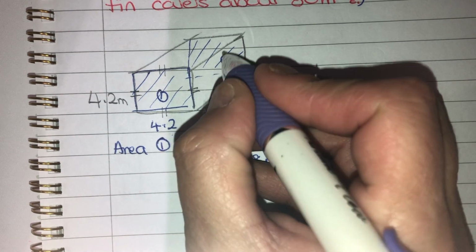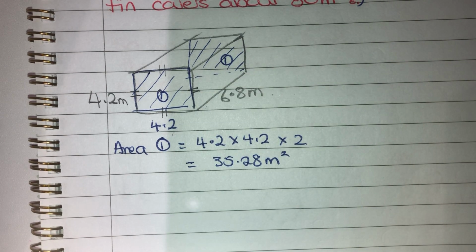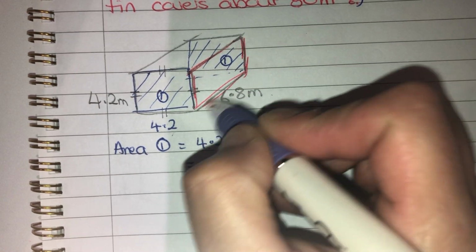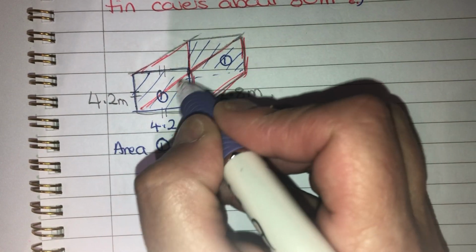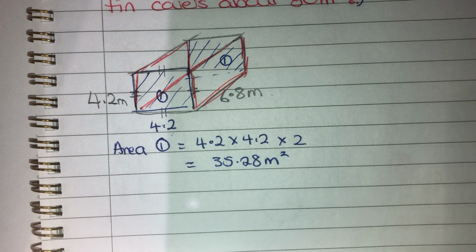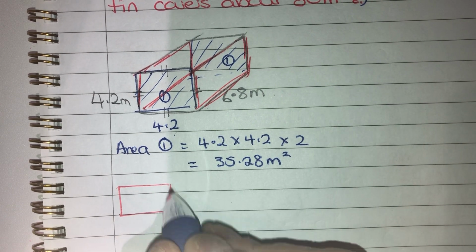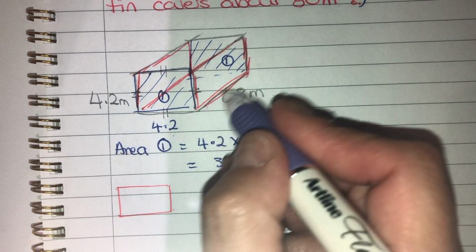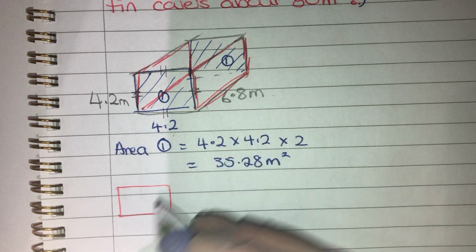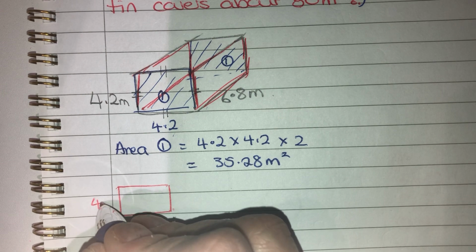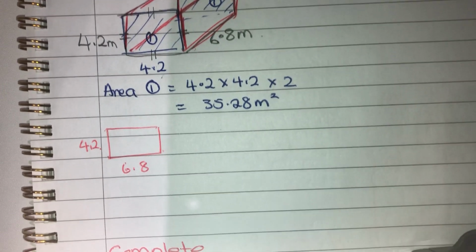Alright, I'm going to put this side now. I'll do it a different colour. We're going to do this side length of the toy box because we want to paint that as well. And there's going to be another one of those over here. Oh, it does get confusing. Okay, you have to make sure you're following. So this side length here, it's going to be 6.8 along the bottom, and up here it's going to be 4.2. And how many are there?